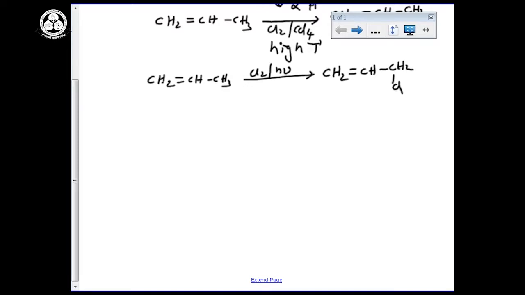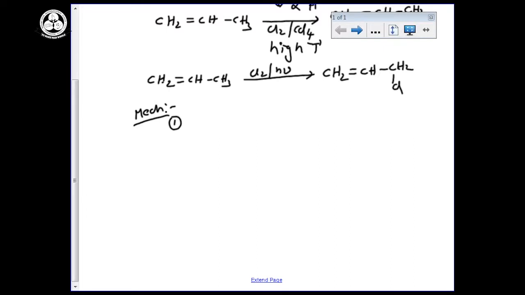Already I told you active hydrogens will be involved in the reaction. Here you can see the mechanism for this reaction, then we can decide what is the major and minor product. Free radicals have three steps.